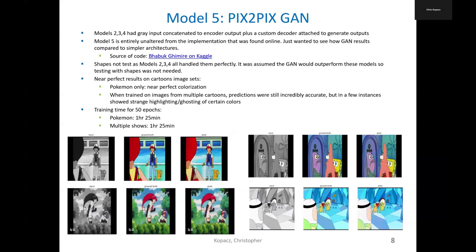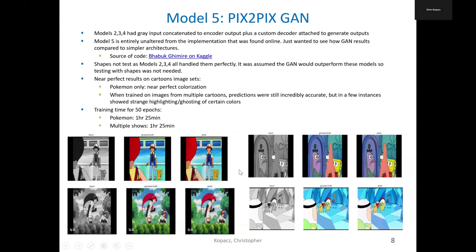The last model, Model 5, is just a PIX2PIX GAN. I didn't change this or modify it in any way. I just wanted to see how it would perform compared to the previous models when trained on images from one data set versus images from multiple TV shows.